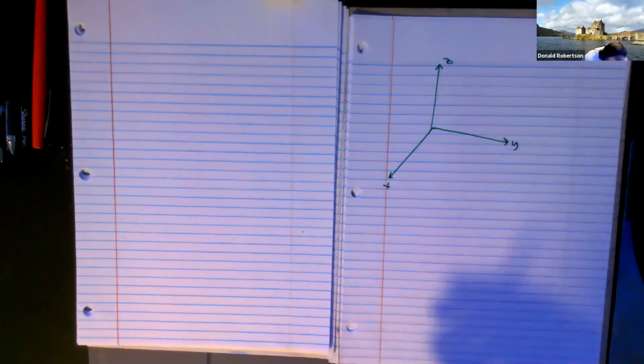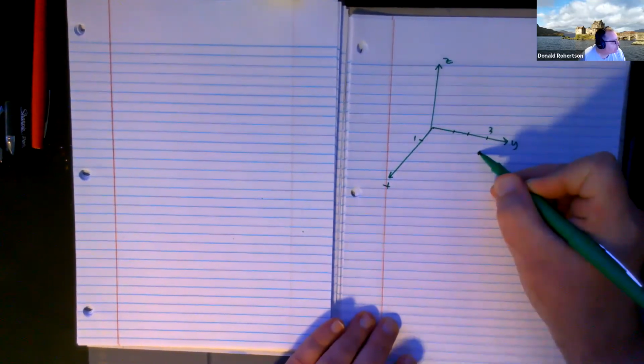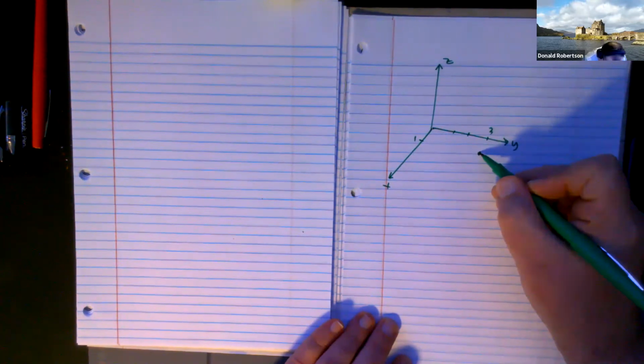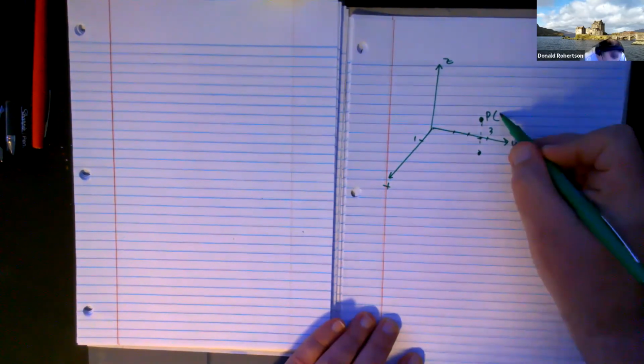Let me try and show you my drawing, what it would look like. So here is X, here is Y, here is Z. Now the point 1, 3 takes me to here, and then you go up 2, takes you to here. So here is the point with coordinates 1, 3, 2.